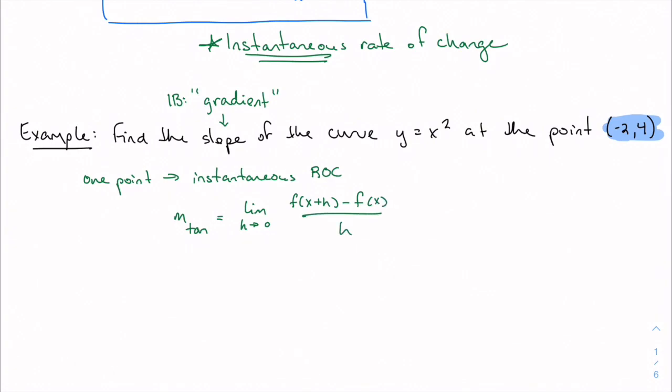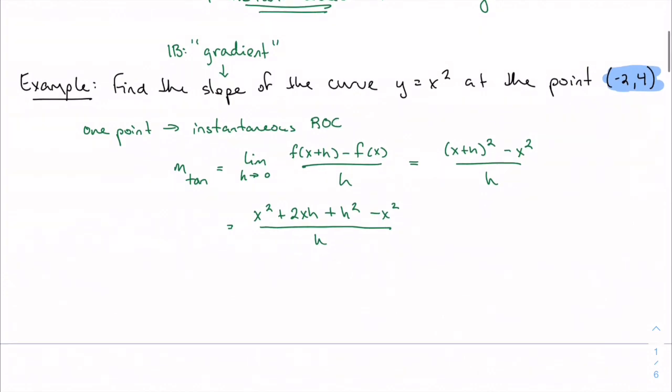Let's substitute in. I'll work a little horizontally here just so I have some space. This would be x plus h squared minus x squared, divided by h. So I have x squared plus 2xh plus h squared minus x squared. That's going to carry over. So those cancel out. I can also factor out an h in the top, right?